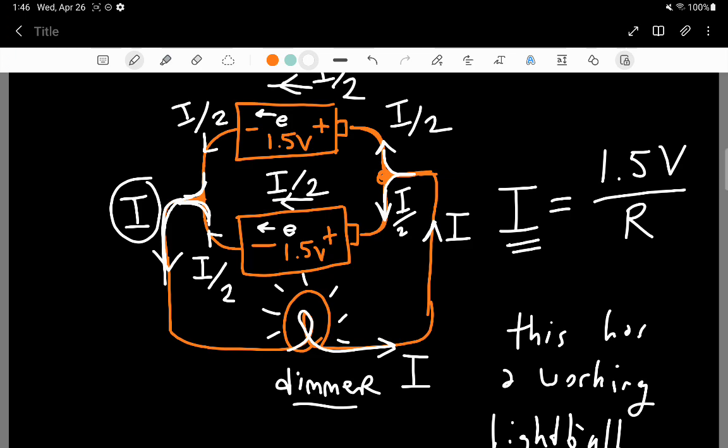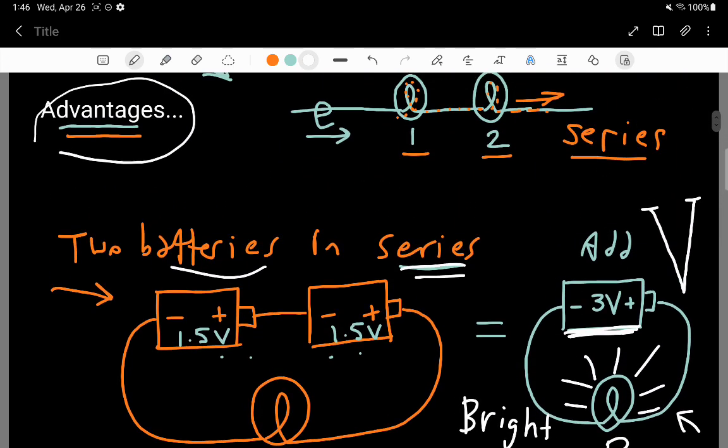They're not having to deliver, so each battery doesn't have to deliver as much energy to the light bulb, right? So they're working together in the sense that they are both working slower to provide the same energy as if we were just using one battery to power the light bulb. Yeah, it just lasts twice as long. Okay, so that would be considered an advantage.